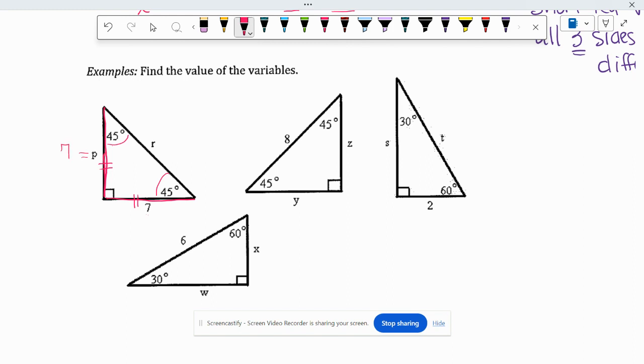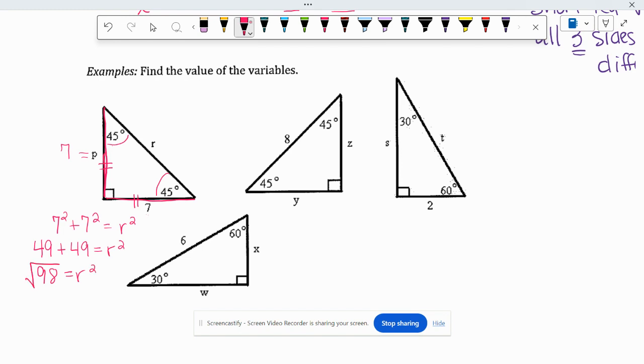Good job. So let's see. 7 squared plus 7 squared equals my hypotenuse, which is R squared. But 7 squared is 49 plus 49. So that's 98 equals R squared.